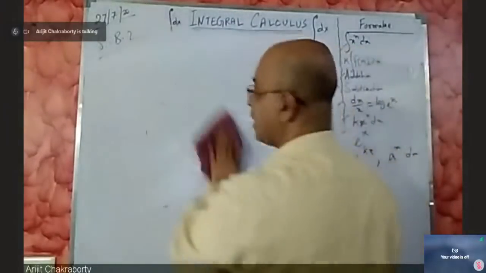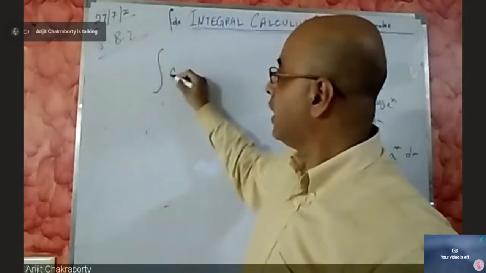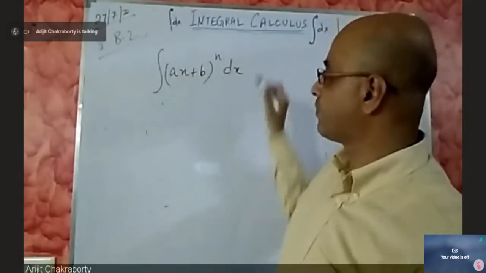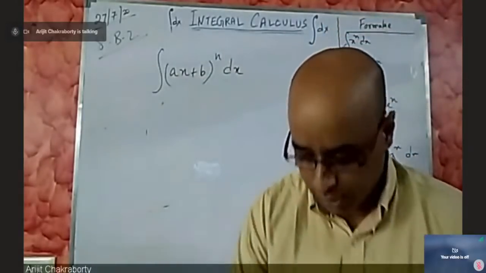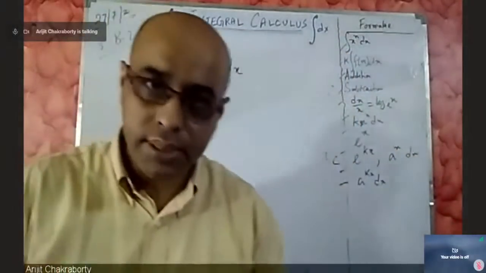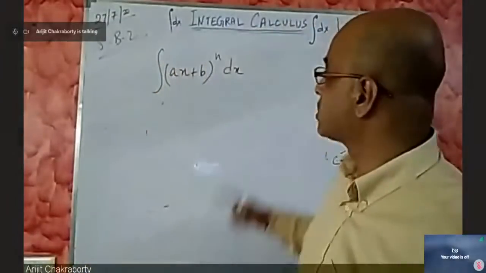So the formula, kindly note, is integral of (ax plus b) to the power n dx. Here a is a constant, b is a constant, and definitely n is not equal to minus 1.